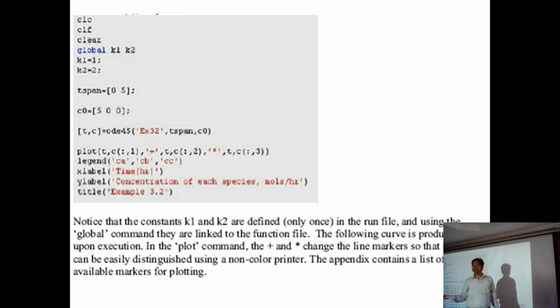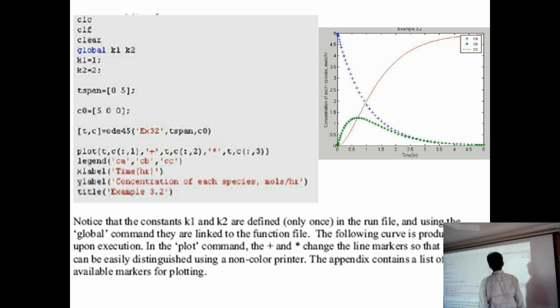Then use plot commands: xlabel, ylabel, legend, title, and the values given initially, k1, k2, etc., you can put in. You know, A gives rise to B, B gives rise to C. A will drop, but B slowly increases and then drops because B has to form C. B is a product only for some time, then it will be a reactant for C. So B will increase and then drop, but C will increase.